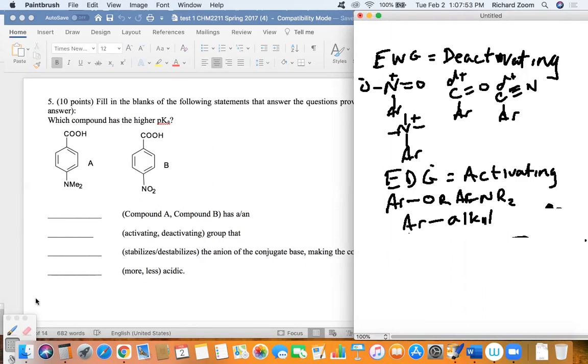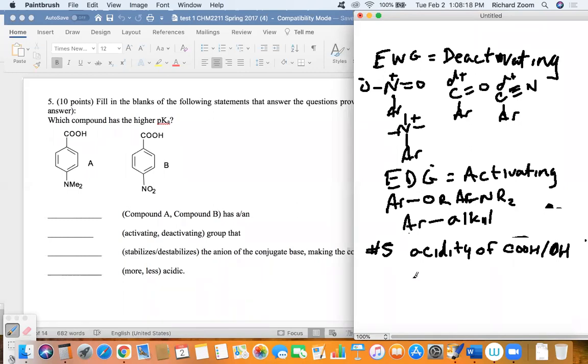Okay, so this is number 5 that we're talking about. So the first part is acidity of a carboxylic acid or a phenol. That's for the first part.